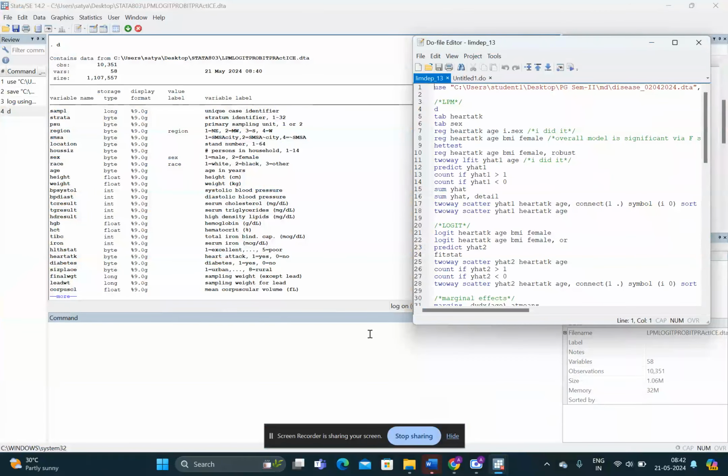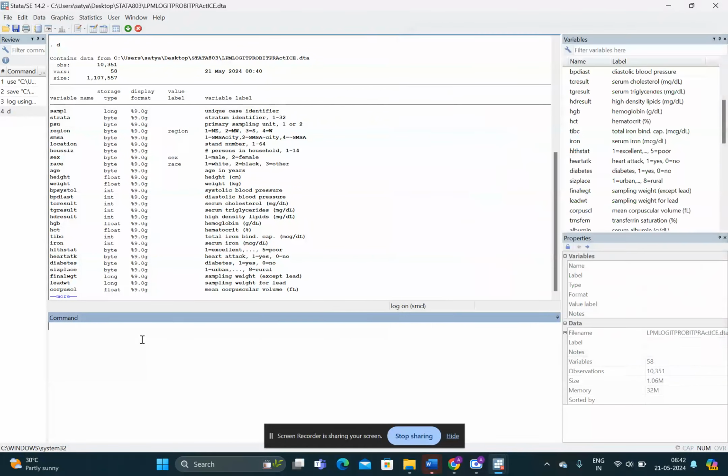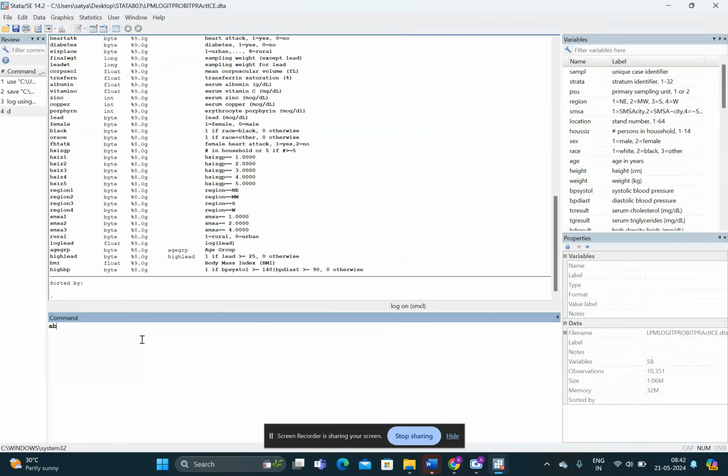In an LPM model, we know that the probability itself is modeled as a linear function. So, it is pi equals alpha plus beta xi, where pi is the probability that the dependent variable will be equal to 1. So, first we will do tab heart attack.